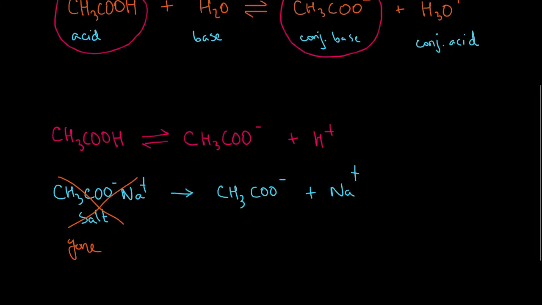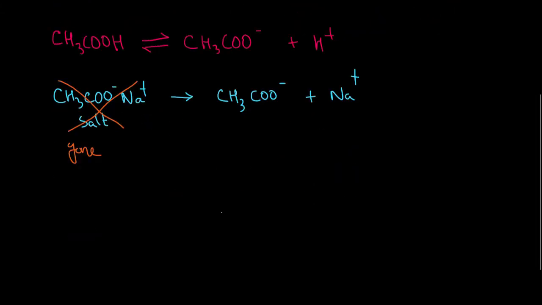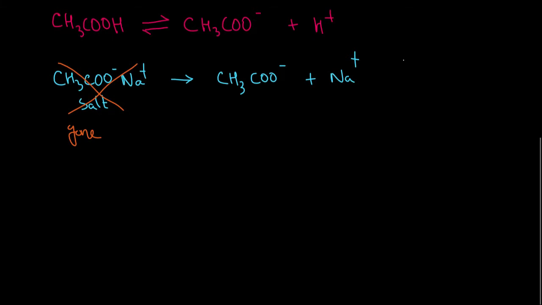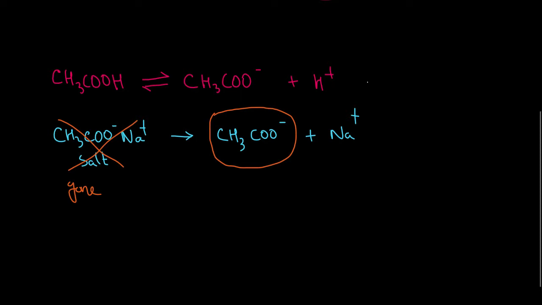So basically, when we have these two guys in a beaker together, I have a huge amount of the ethanoate ion. Because they are in a beaker together, and you already have so much ethanoate ion, the equilibrium up here for the acid, the deprotonation of the acid, is going to be suppressed.